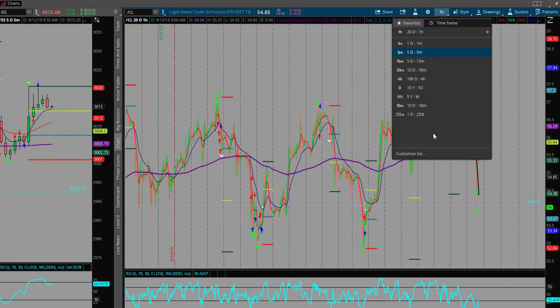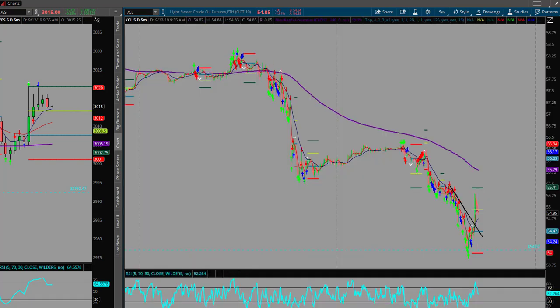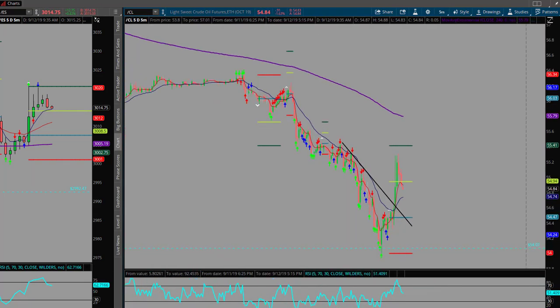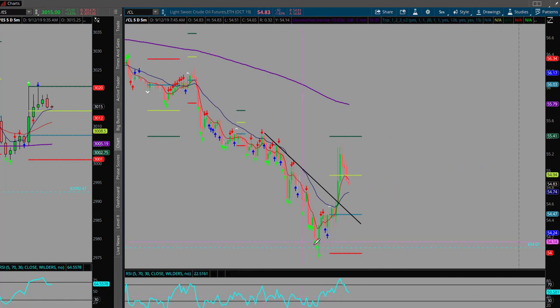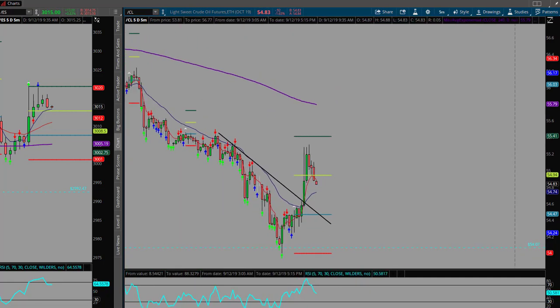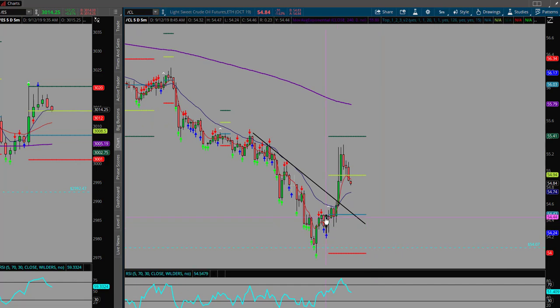So we flip back to the 5-minute. We know that the market, for whatever reason, has rejected off of these lows, so that gives us an indication that the lows, at least temporarily, could be in for this intermediate time period.